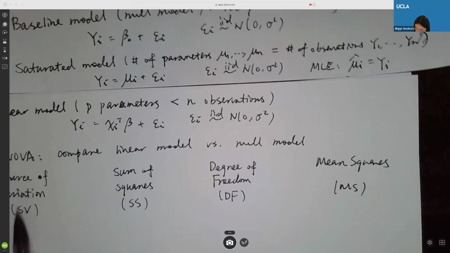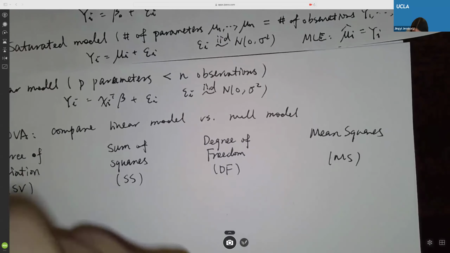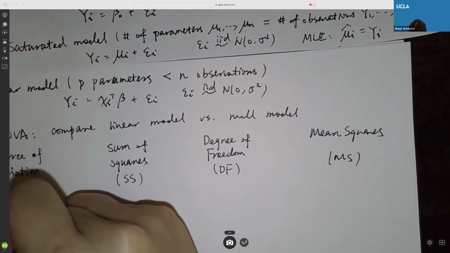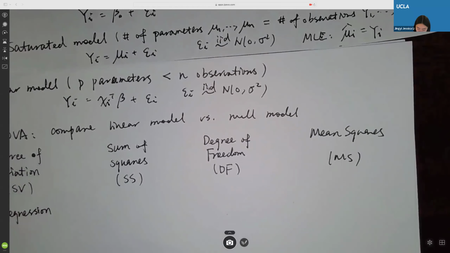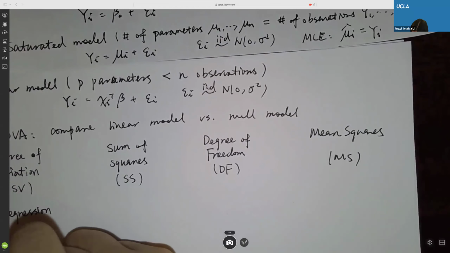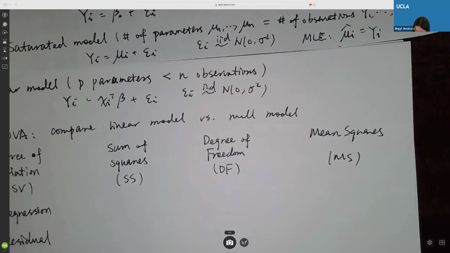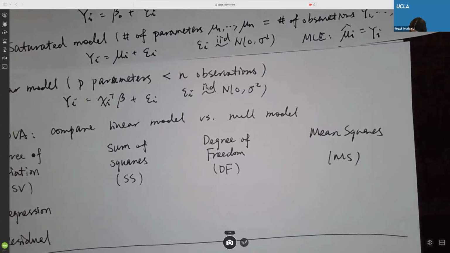In terms of SV, source of variation, we consider the regression, which is what our model can explain about the variation in Y, residual, and total.